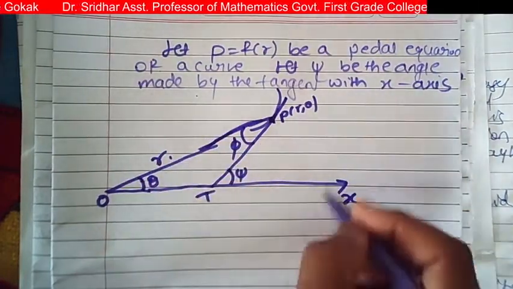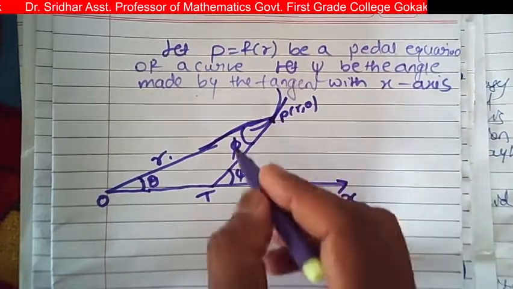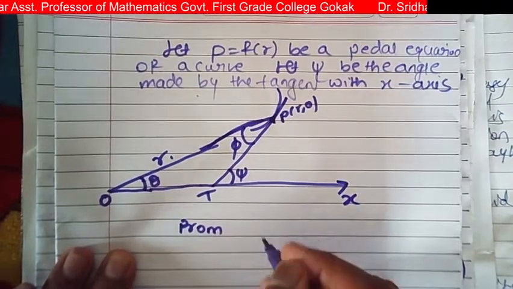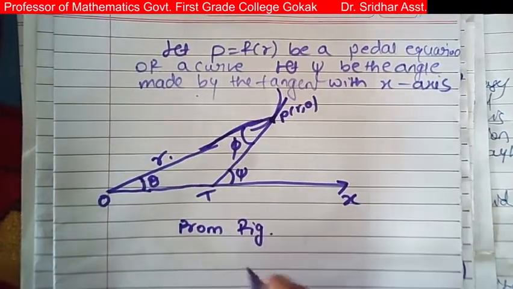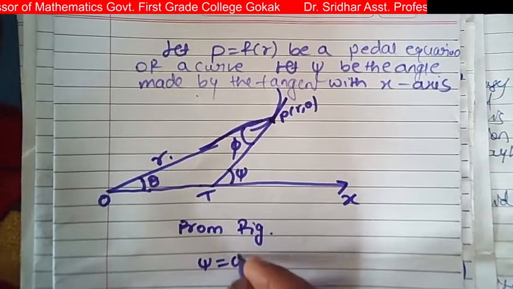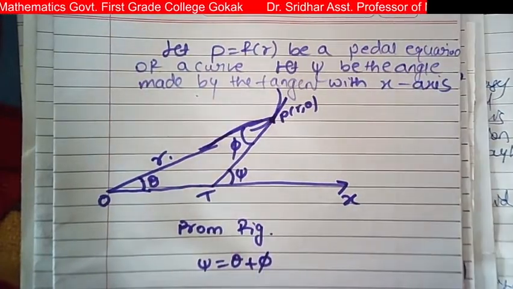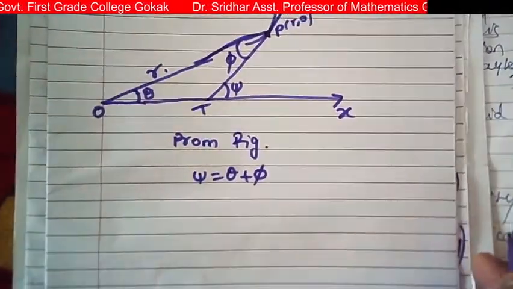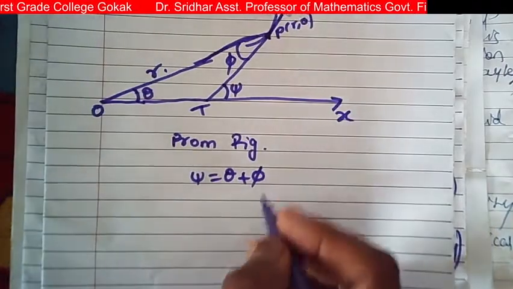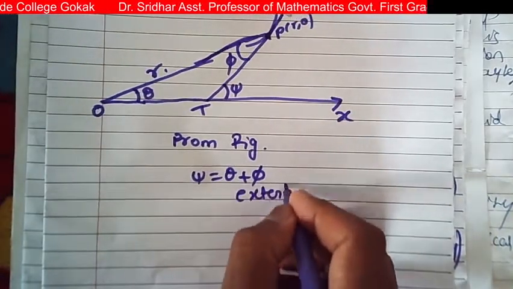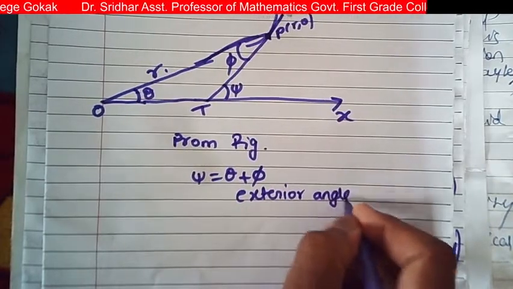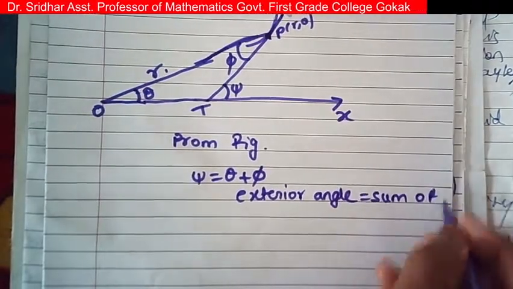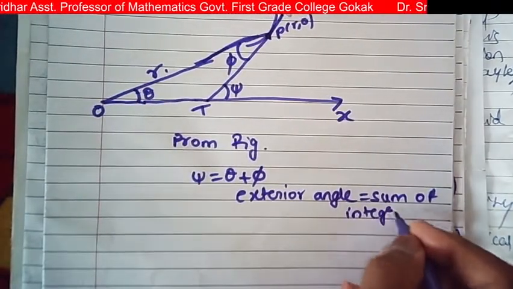Now from this figure, psi is an exterior angle. So from the figure, psi is equal to theta plus phi, because the exterior angle is equal to the sum of the interior angles.